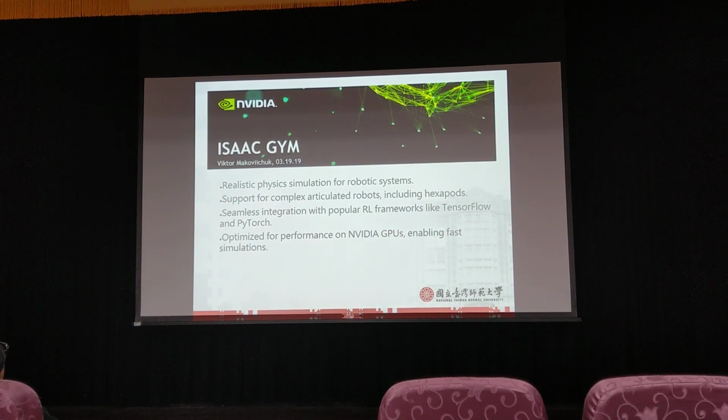The most important reason I chose Isaac Gym is that it supports complete articulated robots and multiple training environments. It also uses the GPU to make the training time shorter, so I can do more training at the same time.